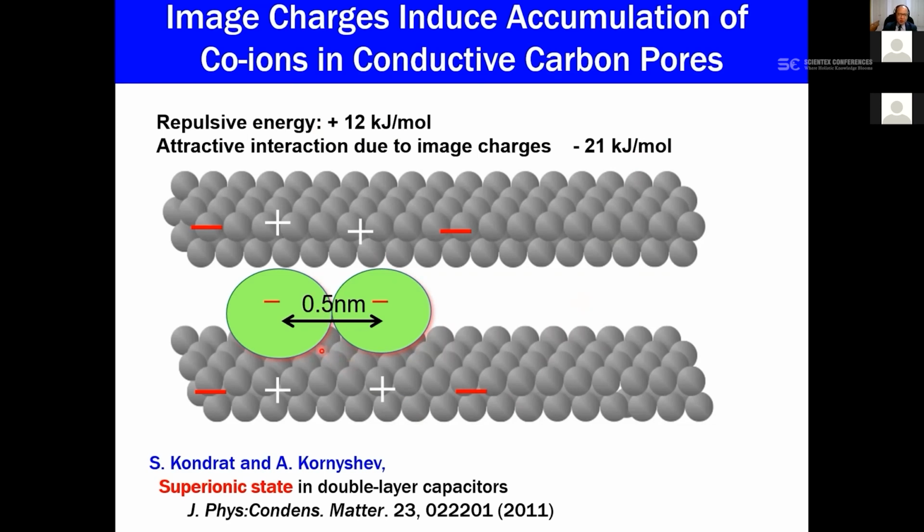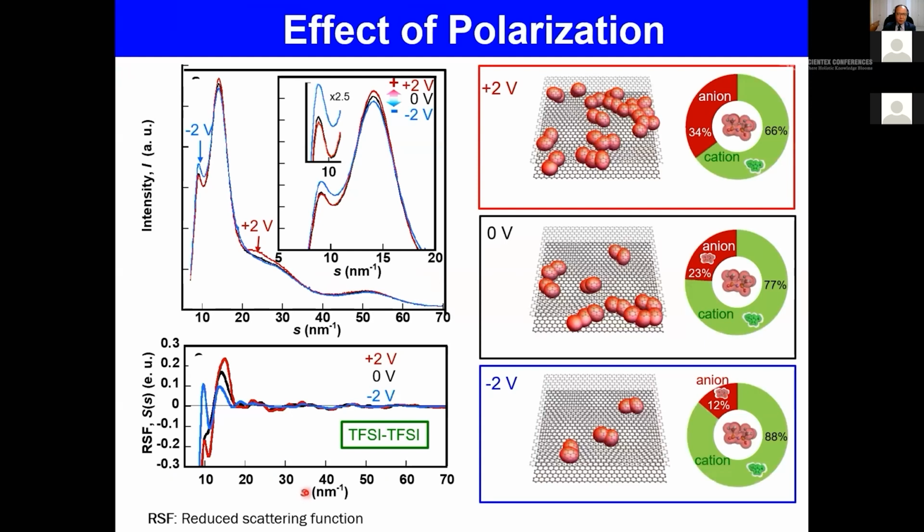So this agrees with the theoretical prediction by Kondrat and Kornyshev. They say this kind of structure is a superionic state. In order to confirm this, we applied an electrical potential.